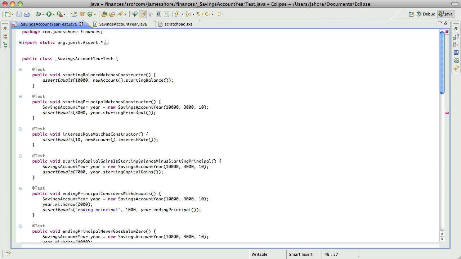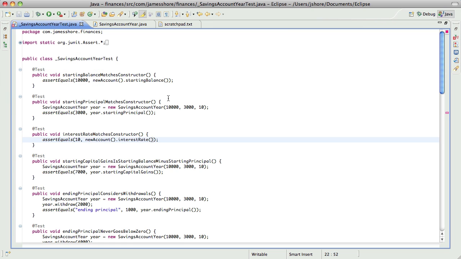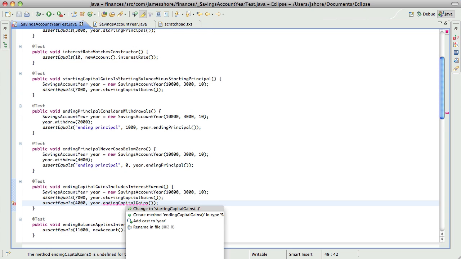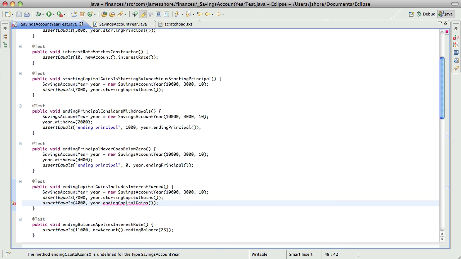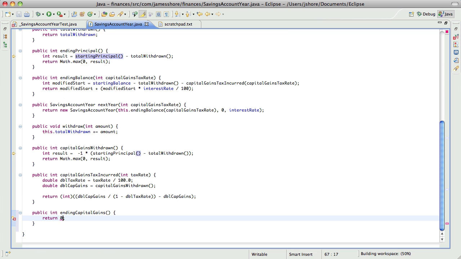So where we left off, we had a failing test, and we had just tried to put in ending capital gains. So let's go ahead and get that in. So that's failing, expected 4,010.